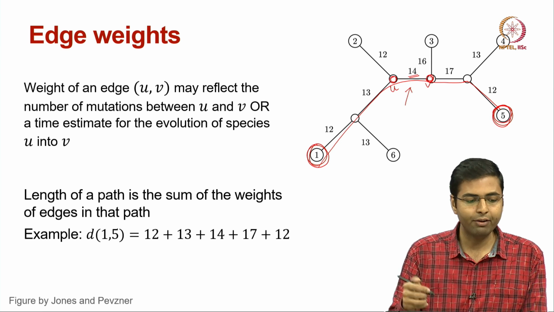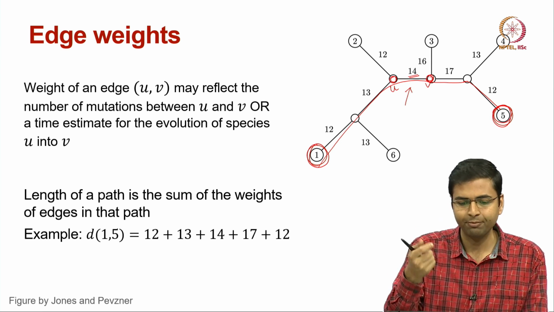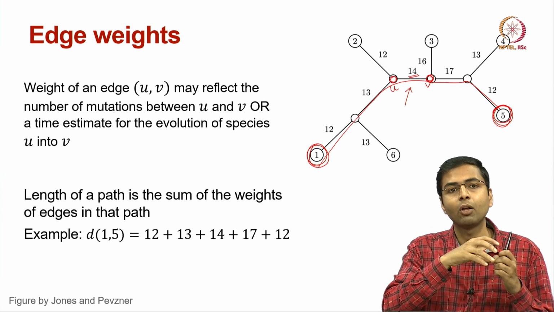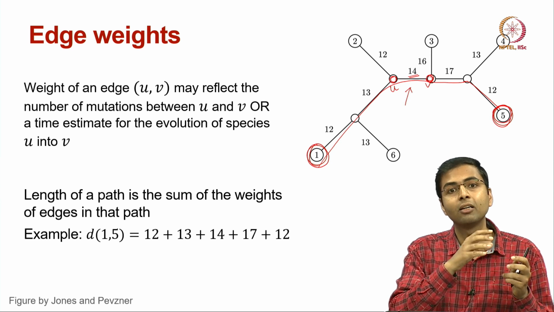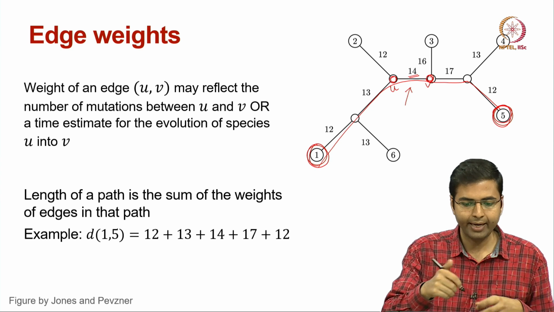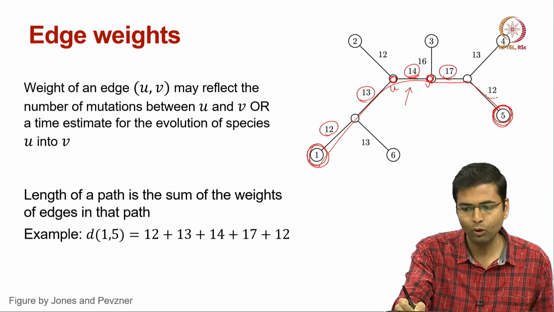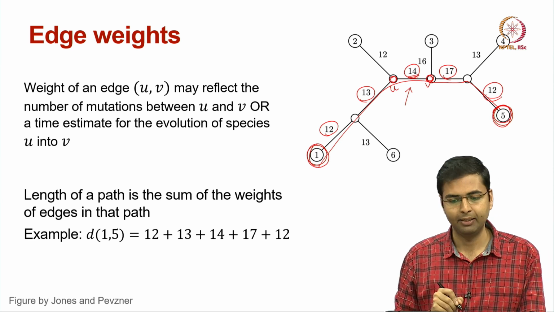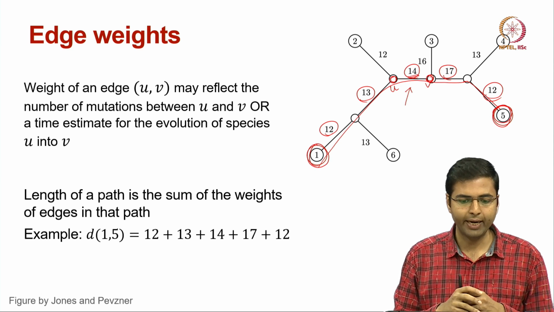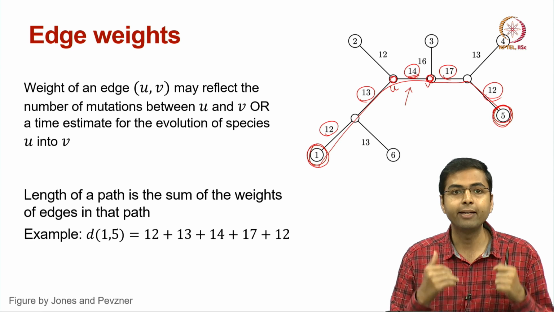Similarly, if each edge indicates a time estimate, then the length of the path would indicate the time estimate for the evolution of species 1 to 5. In this case you would add up 12, 13, 14, 17 and 12. So, each edge has a weight, and therefore you can think of a phylogenetic tree as a weighted binary tree.